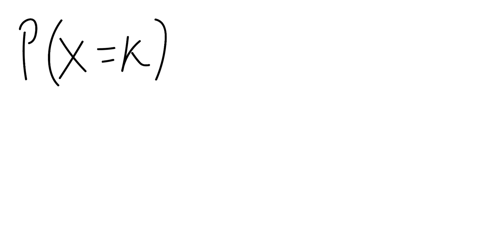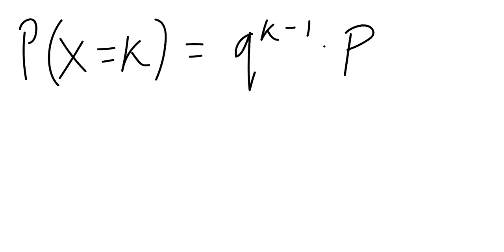And we say that the probability that x equals k, in other words, the probability that the number of trials before the first success had to be k, is equal to q, which is the probability of failure, happening k minus 1 times, and then we observe the first success.